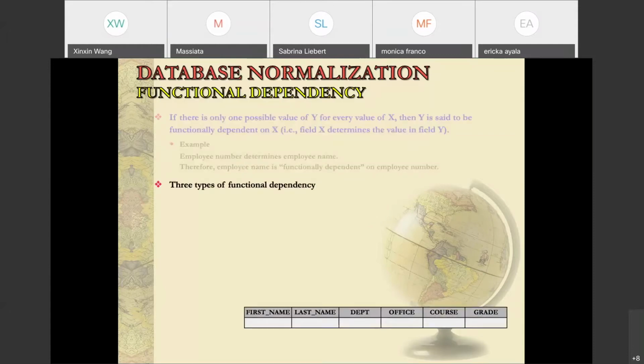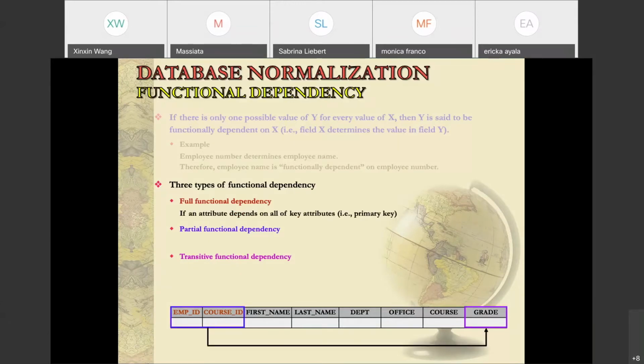The first concept we're going to talk about is functional dependency, right? So there are three types of functional dependency: full functional dependency, partial functional dependency, and transitive functional dependency.